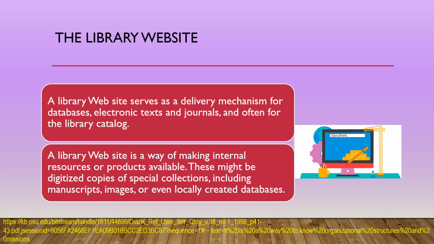This might be digitized copies or special collections, including manuscripts, images, or even locally created databases. They might be also products such as instructional tools, class assignments, guides, and finding aids. And there is also the option of placing electronic reserve material in a copyright secure environment, which is being undertaken by many libraries.